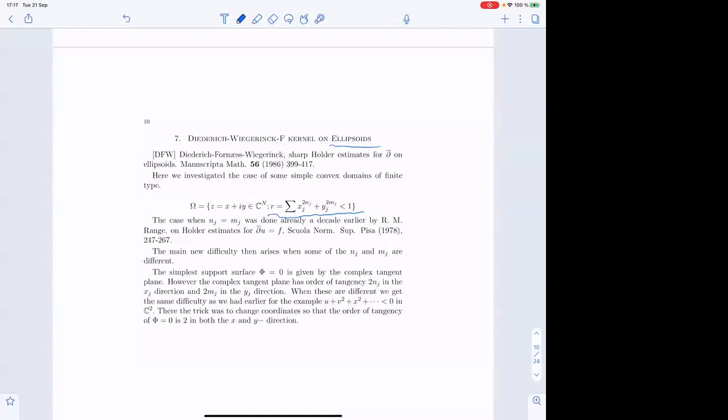If the numbers are 2, then you have the ball, not an ellipse. One should maybe be more general and have a constant times the xj and the constant times the yj different. But we didn't look at that. We were worried more about these powers.